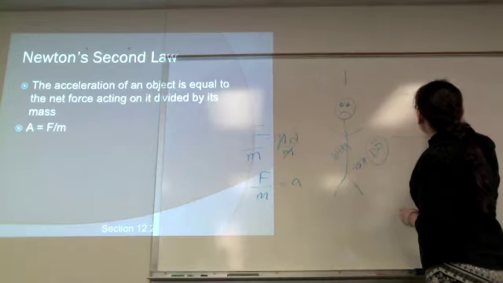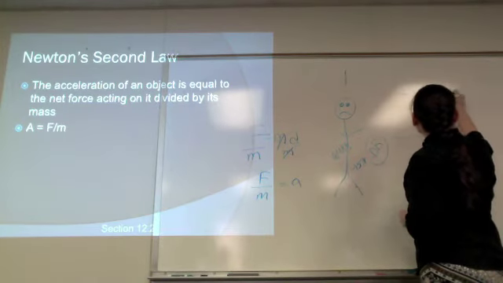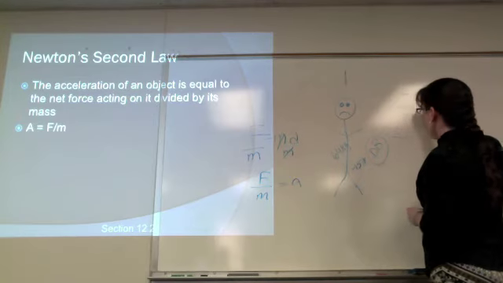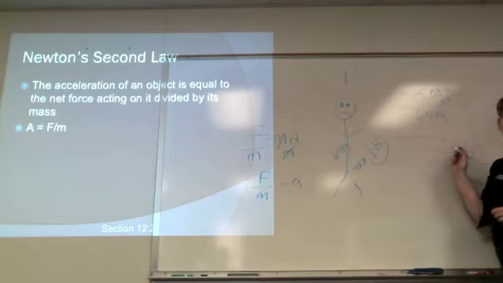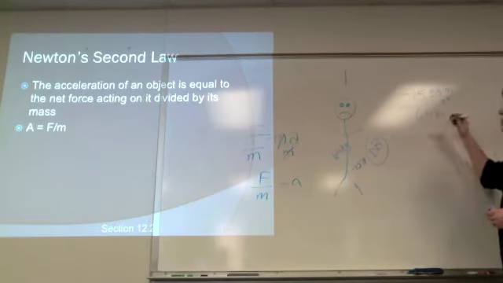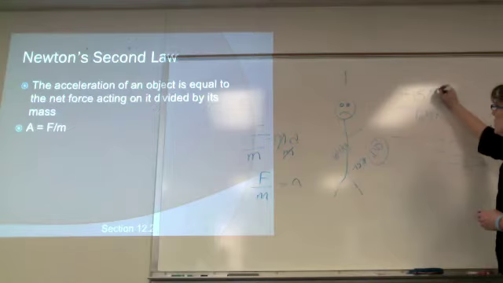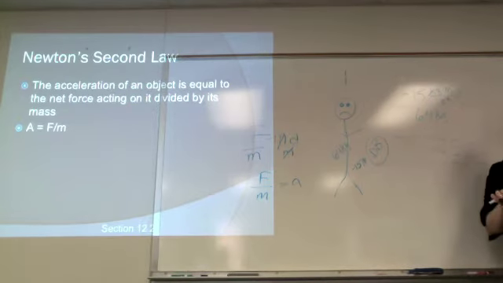Negative 15 kilogram meters per second squared divided by 64 kilograms. Kilograms cancel out, because you've got kilograms divided by kilograms. You're left with meters per second squared. That's acceleration, right?